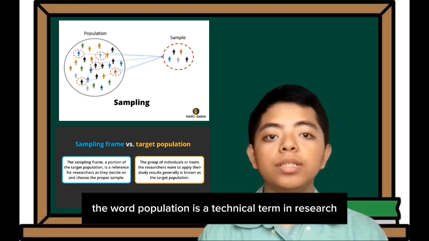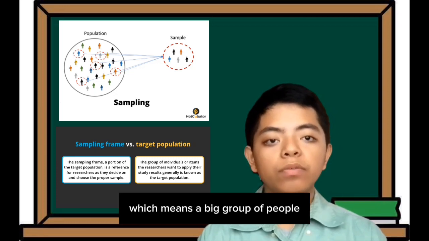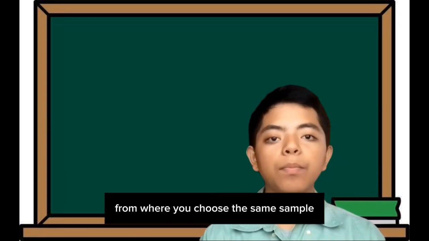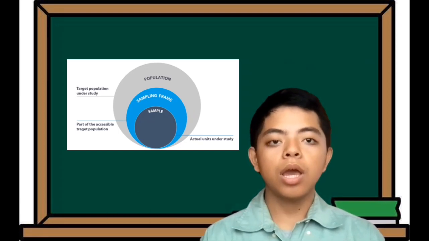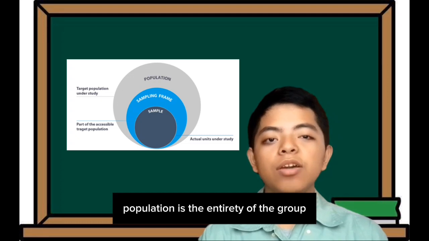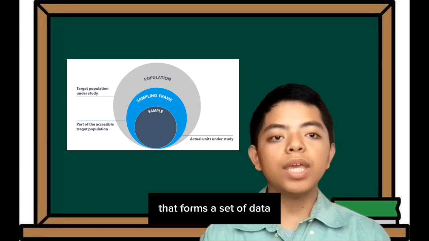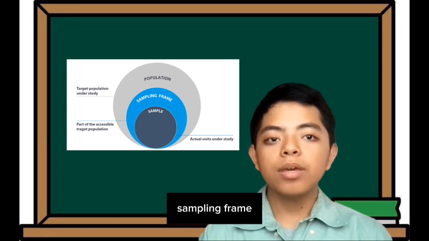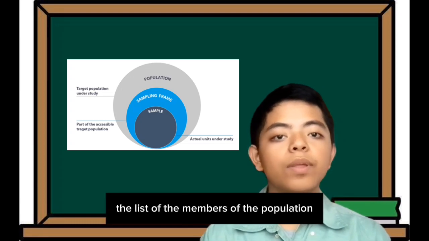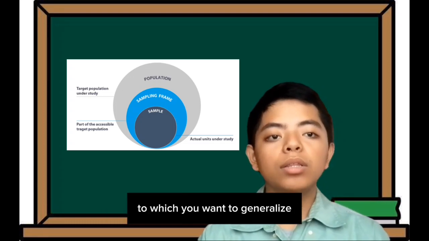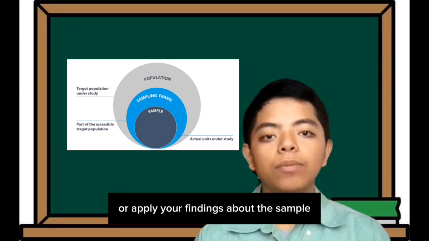The word population is a technical term in research, which means a big group of people from where you choose the sample, or the chosen set of people to represent the population. Population is the entirety of the group, including all the members that form a set of data. Sampling frame, on the other hand, is the list of the members of the population to which you want to generalize or apply your findings about the sample.